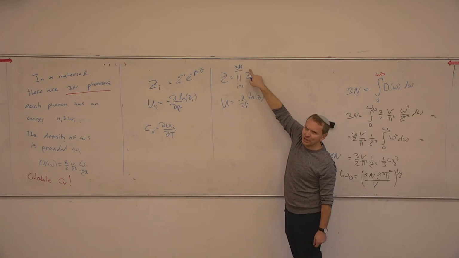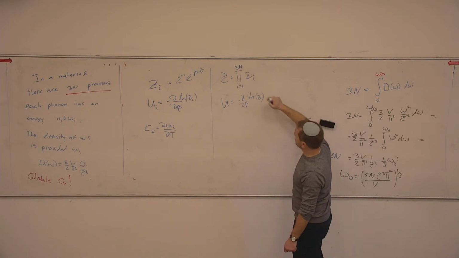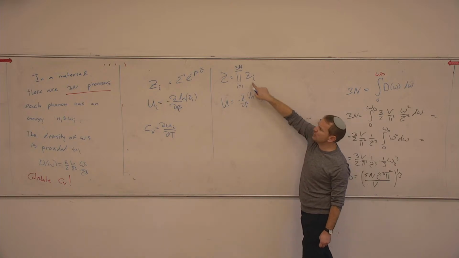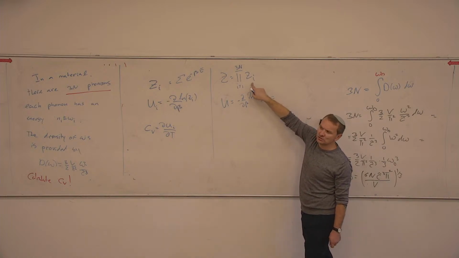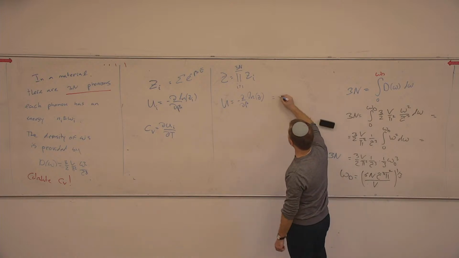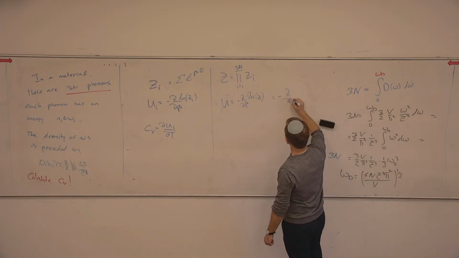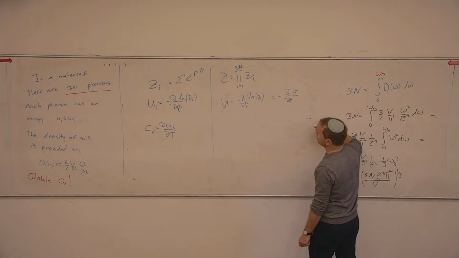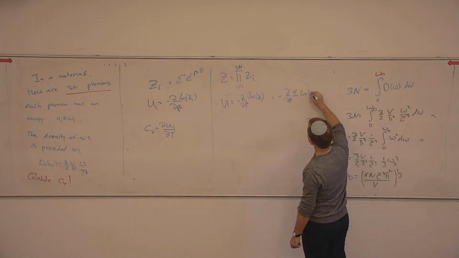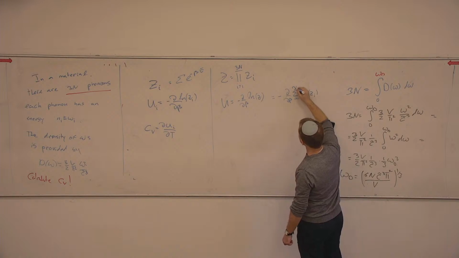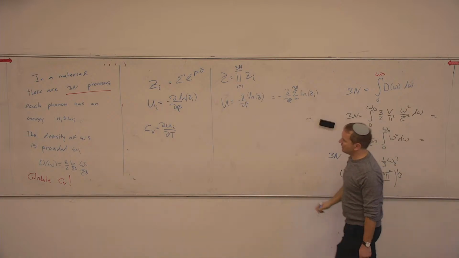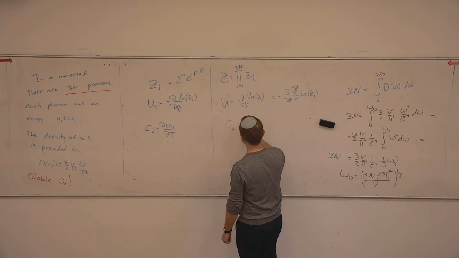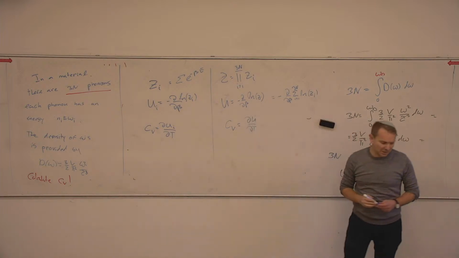It's just a multiplication, and a logarithm applied to a multiplicative function just turns into a summation. So we'll have minus d/d beta of a summation of log of Zi, i goes from 1 to 3n. And Cv is going to be the derivative of U with respect to T. And that's it.